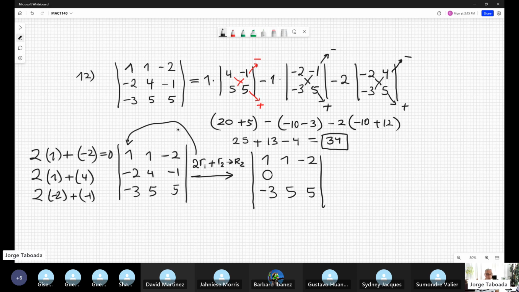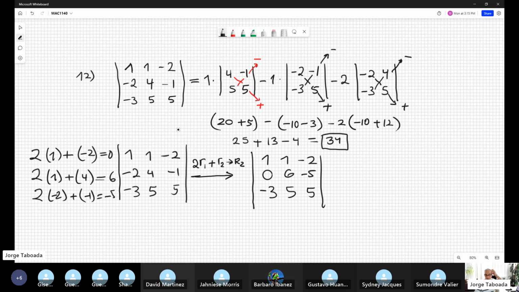So the answer is 0 here. Nice. Then the other answer is 6, because 2 times 1 is 2, plus 4 is 6. We have here -4, and -1 is -5. So we have 6 and -5.